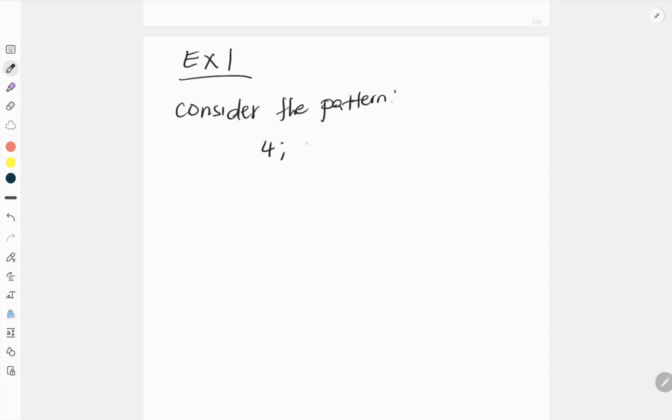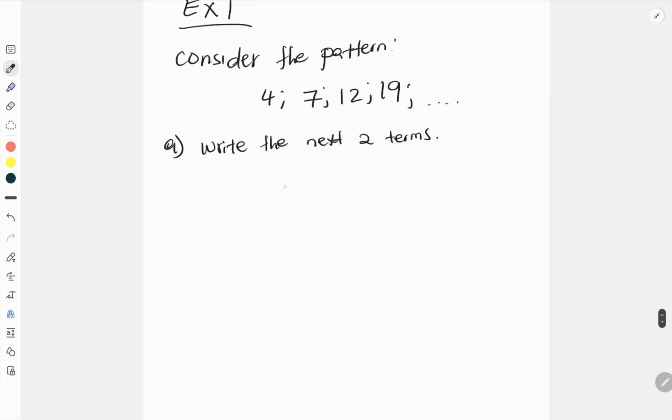They gave you 4, 7, 12, 19, and so on. First question, they say to you, write the next two terms. Now, what you're going to do, please make sure you do this.